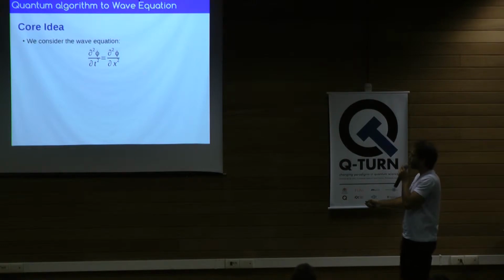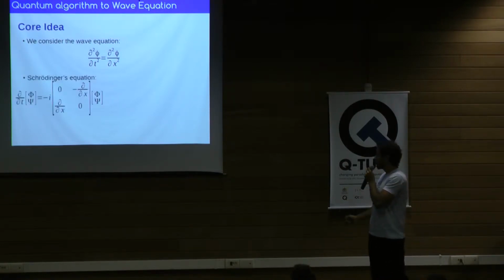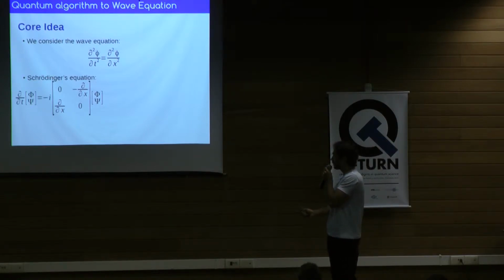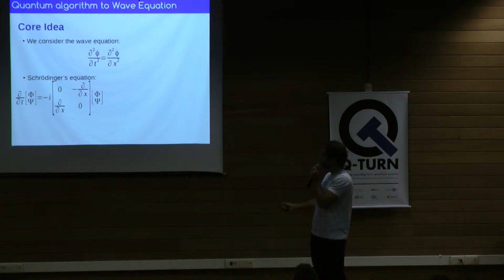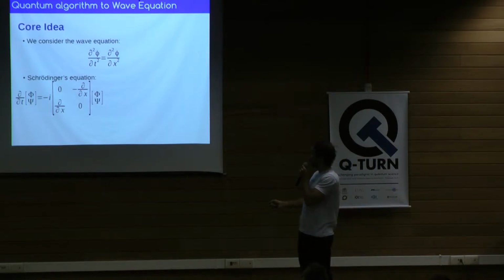So here is the wave equation in the one-dimensional case. Then we can work with this Hamiltonian and the Schrödinger equation. It's a non-diagonal Hamiltonian, and we split the Hilbert space into two subspaces. So it's quite a simple method. Then we apply the first derivative on both sides.